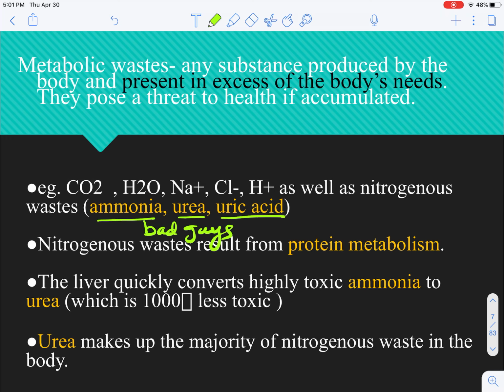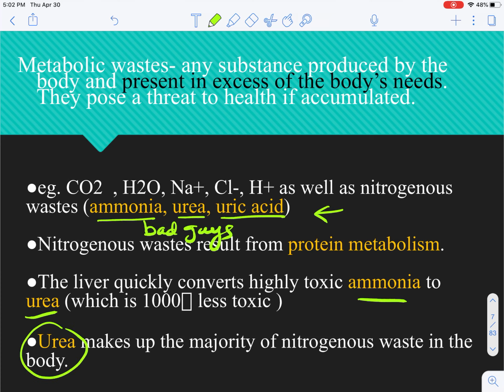So all proteins that you are consuming, which of course you need for good nutrition and as building blocks for so many things in your body, including enzymes and all of your cell parts and a lot of your hormones, have byproducts. Your body uses those building blocks, those amino acids, to make things, but then these byproducts have to be eliminated.